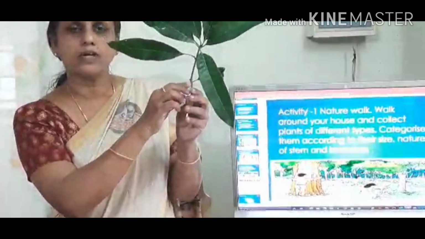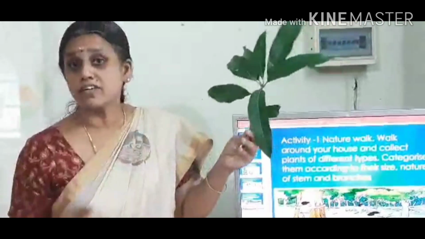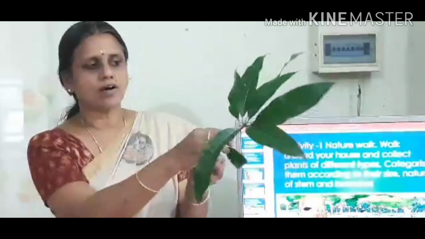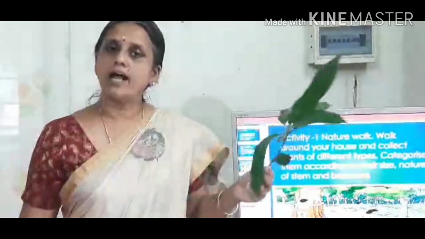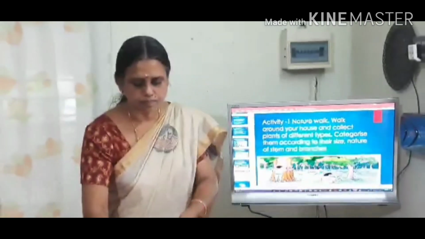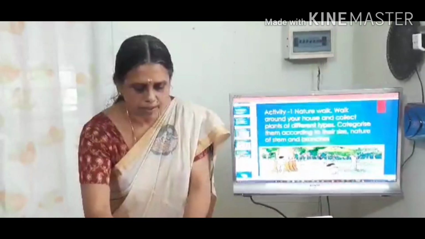I cannot bring a tree, so I collected a small branch with small leaves of the mango tree. It grows very tall and very thick also. It has a woody stem.